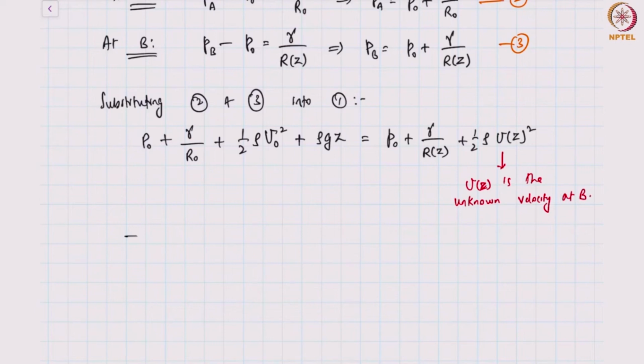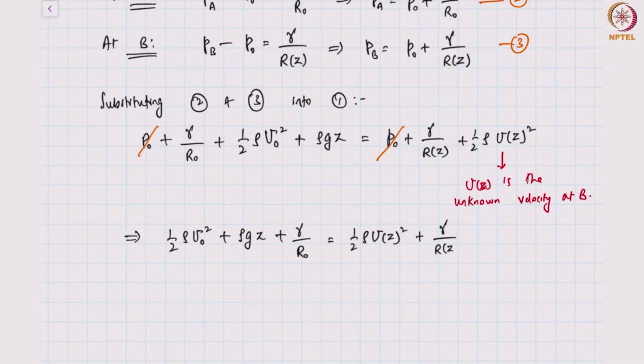And this gives me, I can cancel out P naught on both sides: half rho U naught square plus rho gz plus gamma by R naught is equal to half rho U of Z whole square plus gamma by R of Z. Gamma is my surface tension.